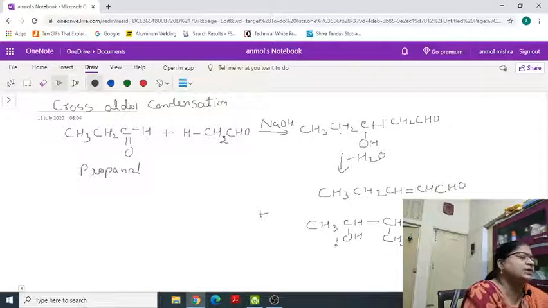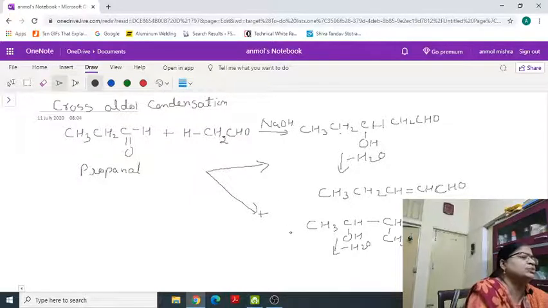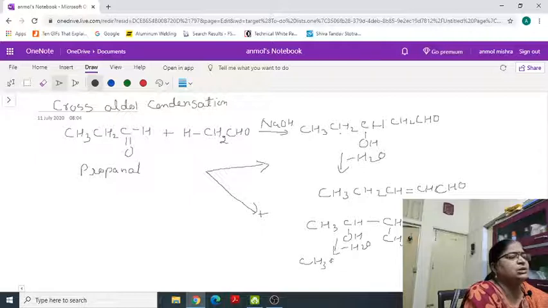So on dehydration it will give you either this one or possibly both the products are formed. So minus H2O, it will form CH3 CH double bond CH, and so on.